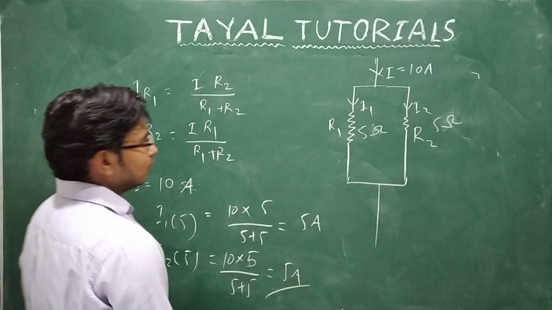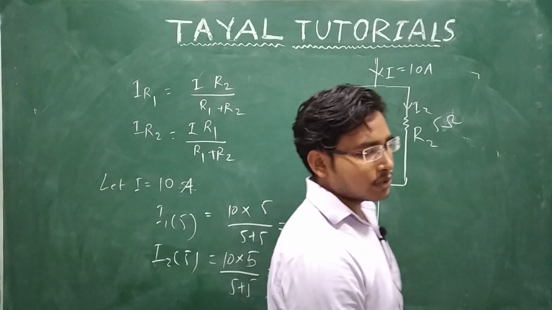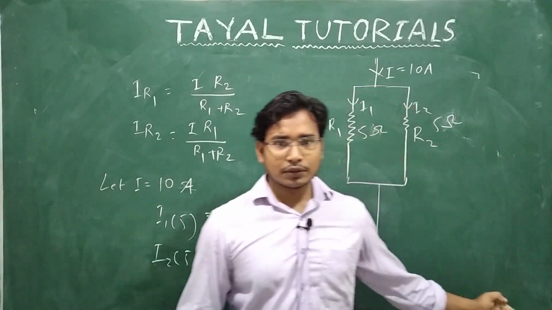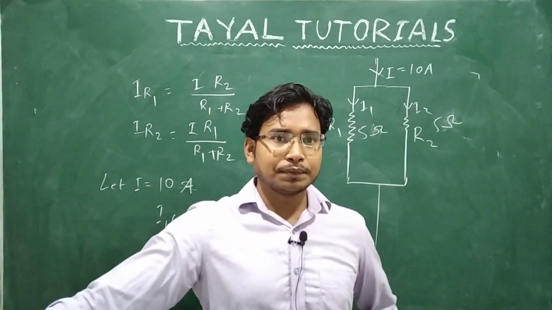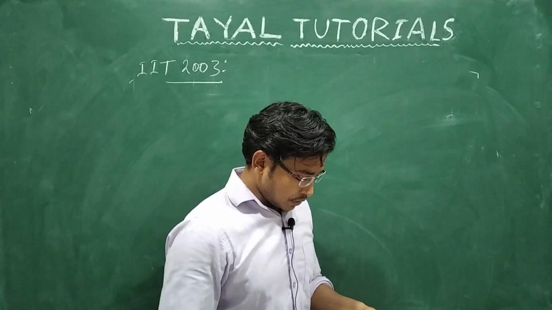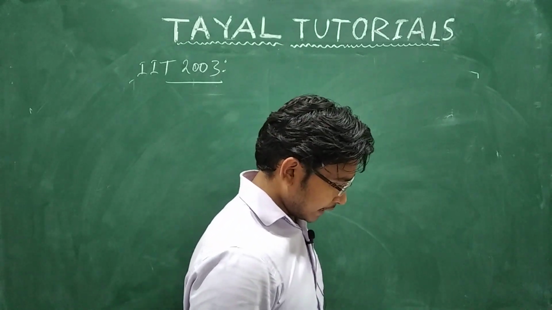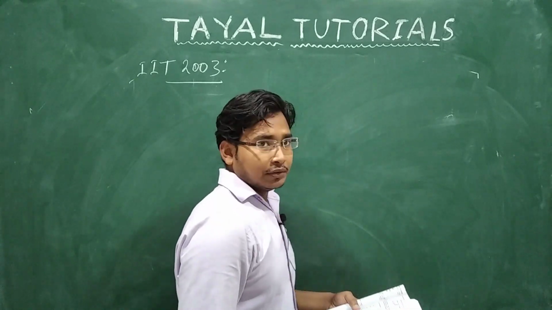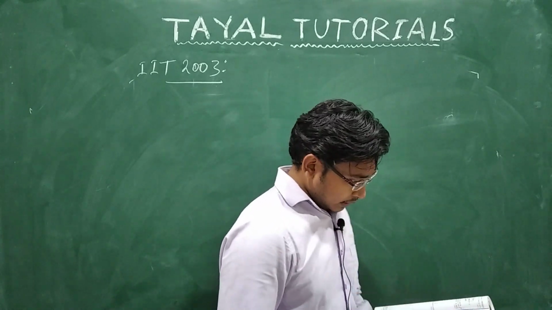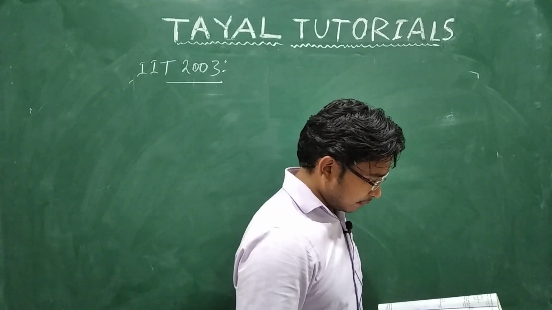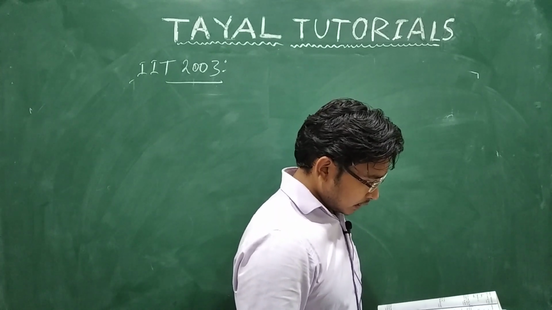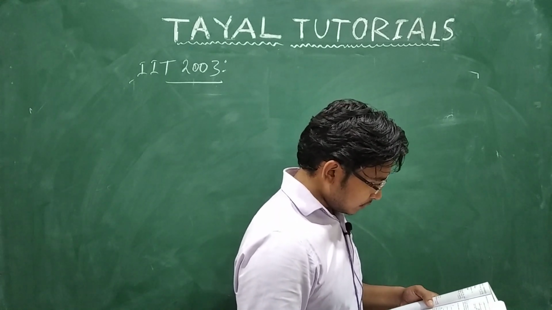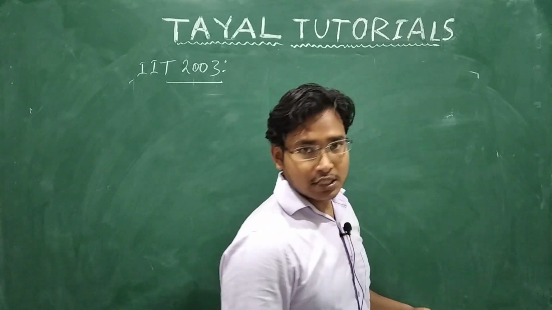Okay. So these are the voltage division rule and current division rule which are used in your circuits. Let's continue with the next question that was asked in IIT 2003. Three resistances of equal value are arranged in different combinations as shown below. Arrange them in increasing order of power dissipation.